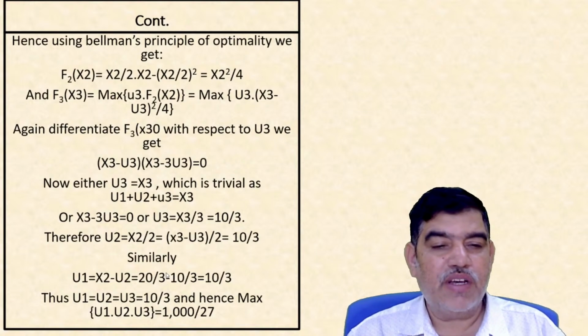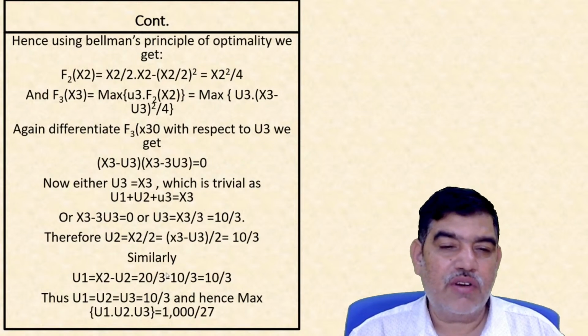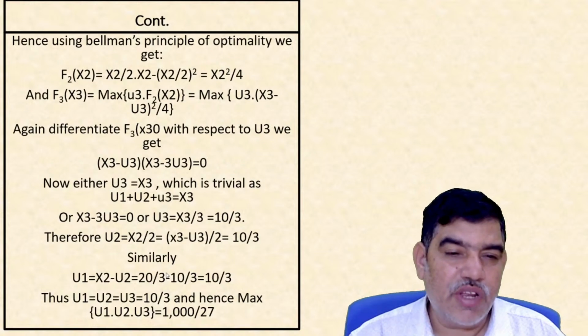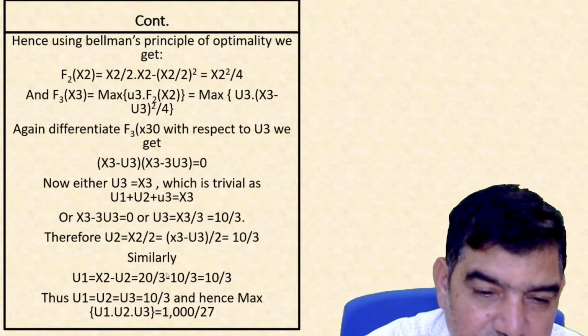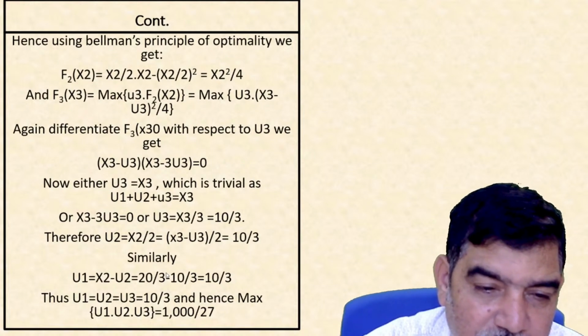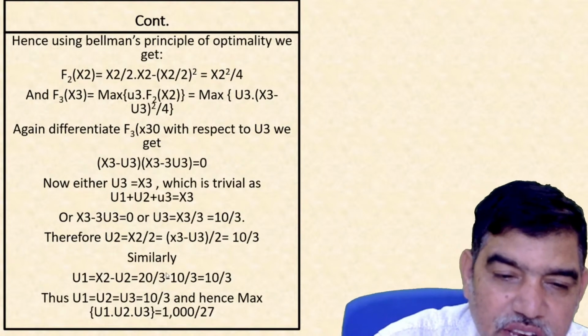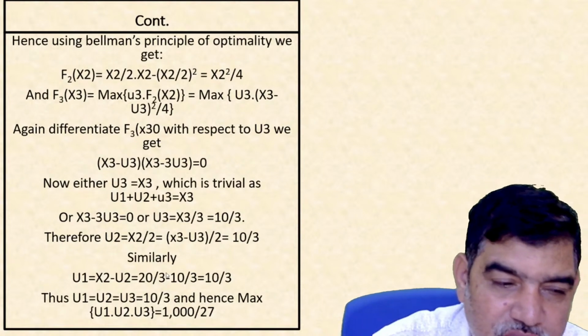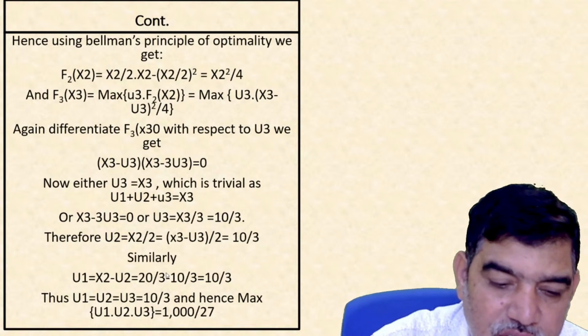Similarly, u1 becomes x2 minus u2, that is 20 by 3 minus 10 by 3. We get 10 by 3. Thus, u1 equal to u2 equal to u3 equal to 10 by 3. And hence u1 times u2 times u3 equal to 10 by 3 into 10 by 3 into 10 by 3. So you get 1000 divided by 27.